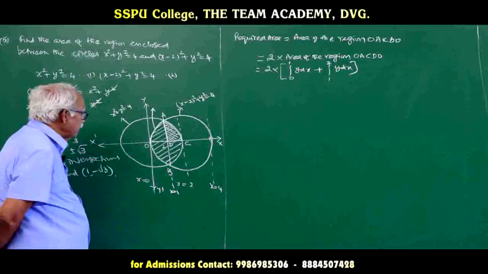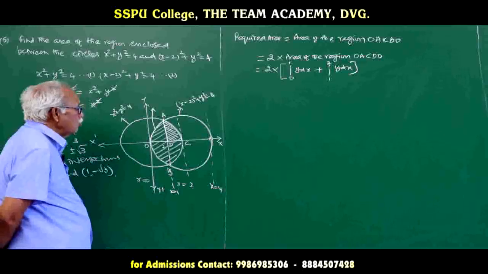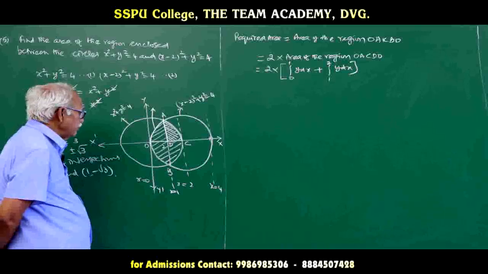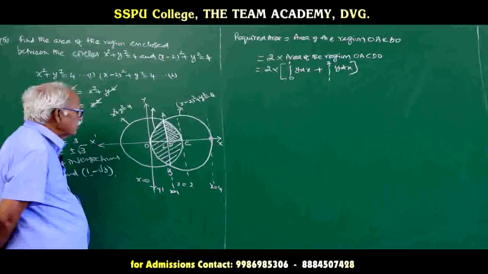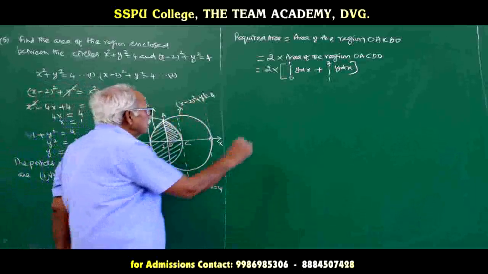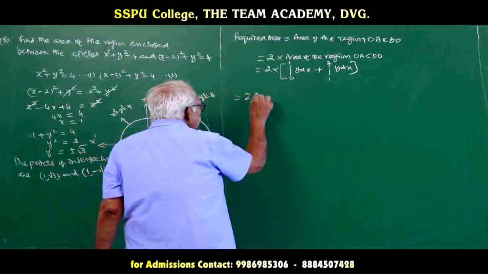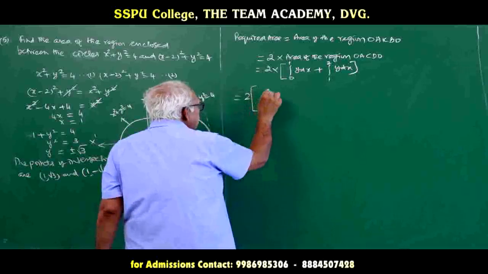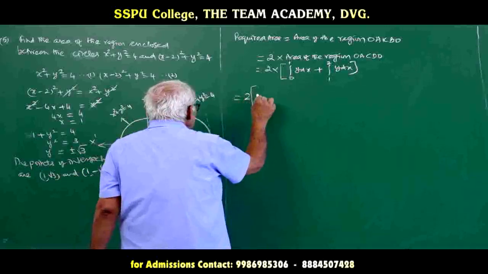So, area OADO is bounded by x minus 2 whole square plus y square. So, y is equal to 2 into, what is y here?